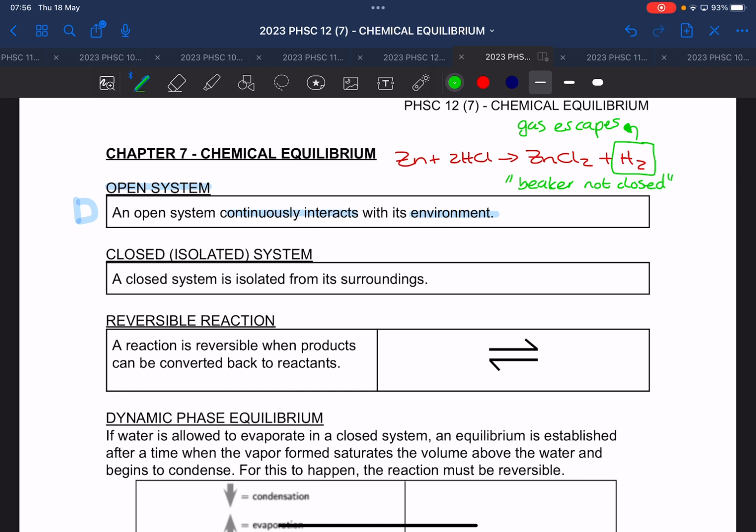Or another thing they'll do is they'll say this is in a beaker, and they take the mass of the beaker the whole time, and the mass changes.